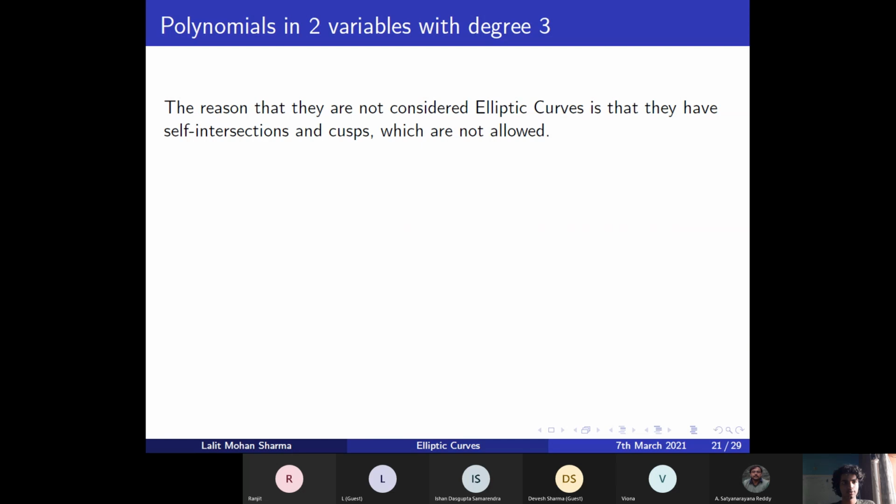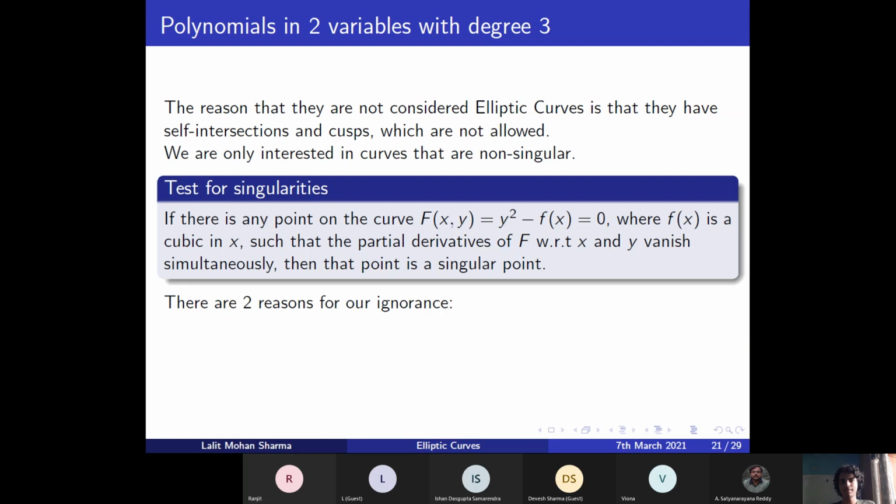So that means that these cases are easy, but there is one more problem. We are trying to convert this set of rational points on the elliptic curve into some kind of group, and it turns out that this thing is no longer a group.